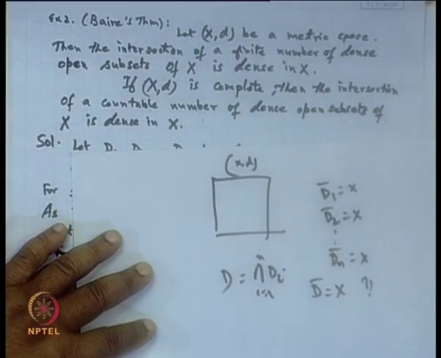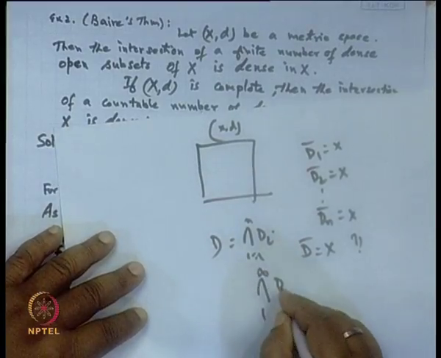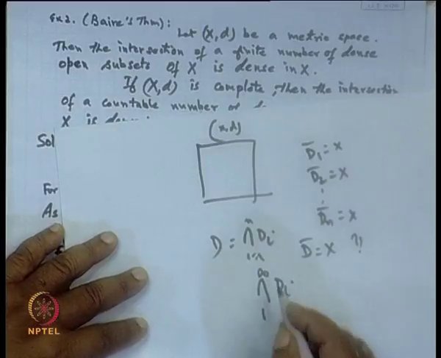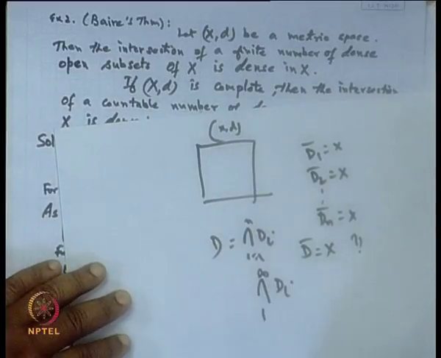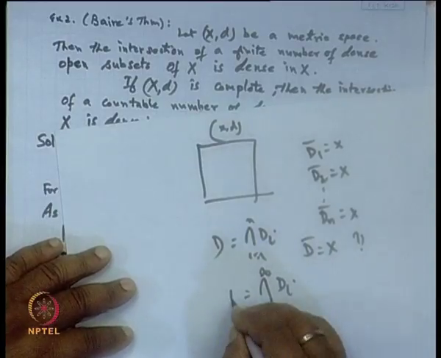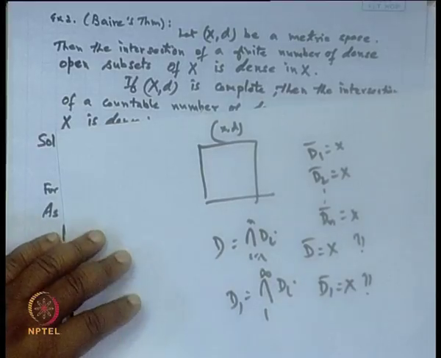Second, if we take a countable number of dense sets of X and find the countable intersection, will this countable intersection also be a dense set in X?